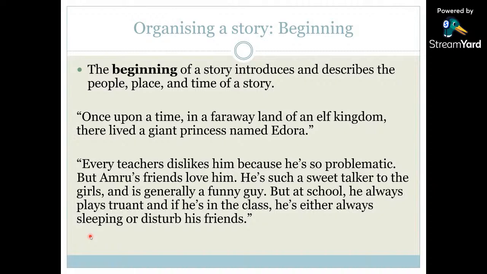Jadi kalau dia dalam kelas pun selalu tidur atau kacau kawan dia. Jadi dalam perenggan ni, walaupun dia baru pendahuluan, introduction ataupun beginning of story, we can imagine what kind of person Amru is. Jadi dari pendahuluan pun kita dah tahu Amru ni orang macam mana. These are the examples of beginning of a story.